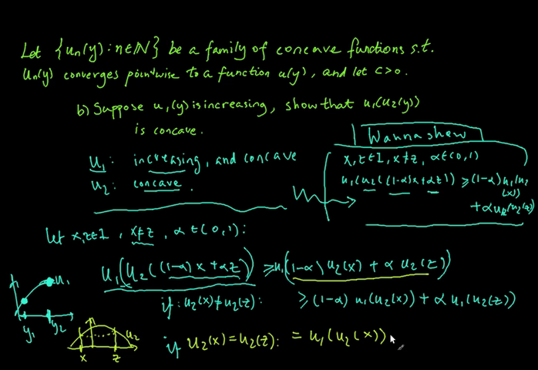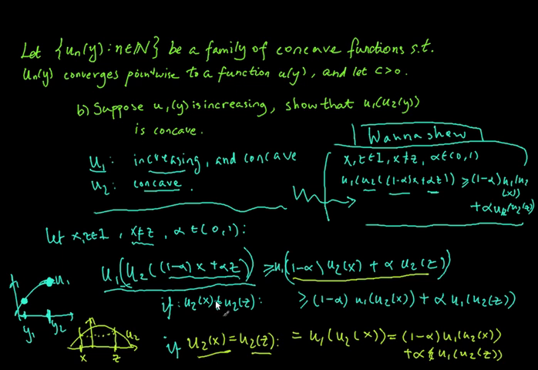Yes? And this is again actually just, it doesn't really matter if we split this up into a 1 minus alpha part and an alpha part. So this is the same as (1 minus alpha) times u1 of u2 of x plus alpha times u1 of u2 of x, and since u2 of x was just the same as u2 of z, I can just write z over here.